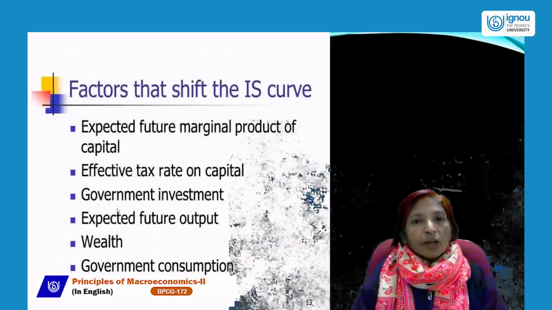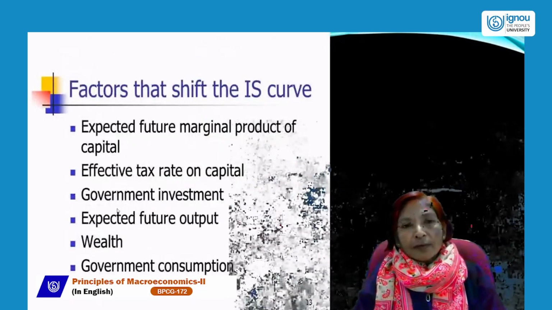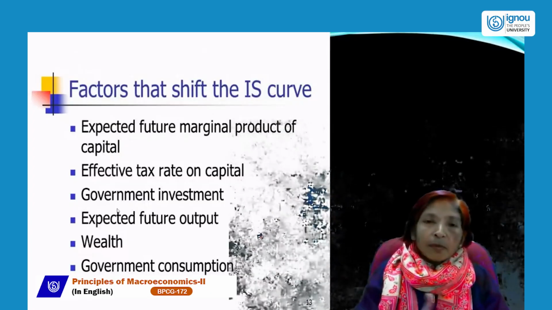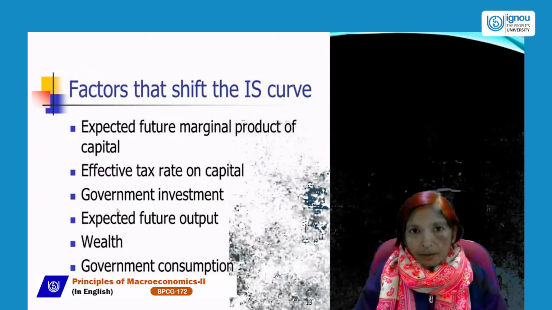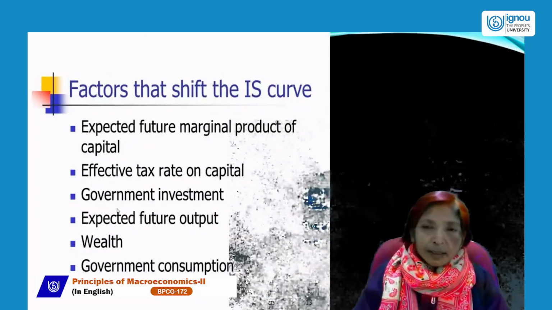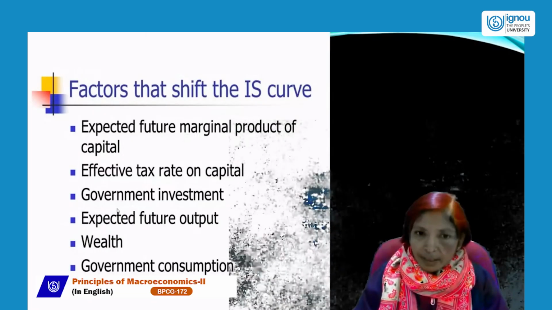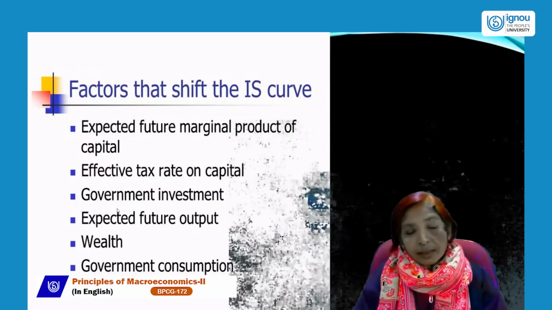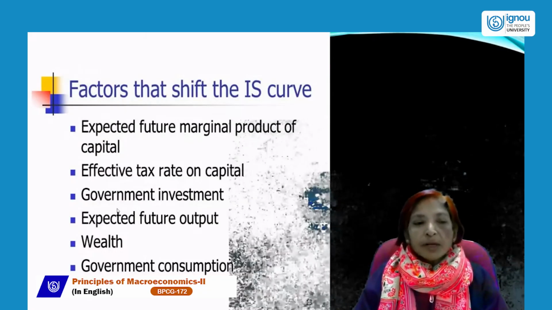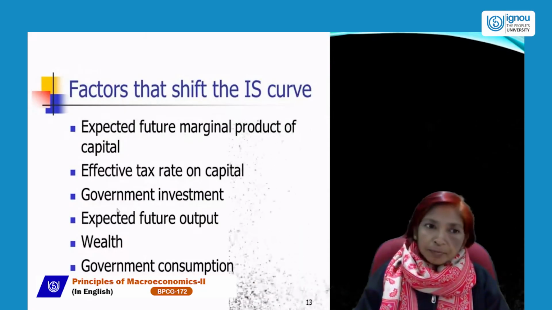Next are the factors that shift the IS curve. There are many factors which can shift the IS curve either to the right or left. The first factor is the expected future marginal product of capital.